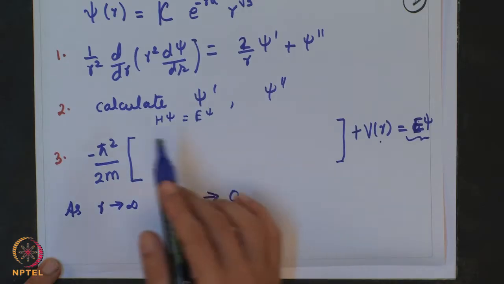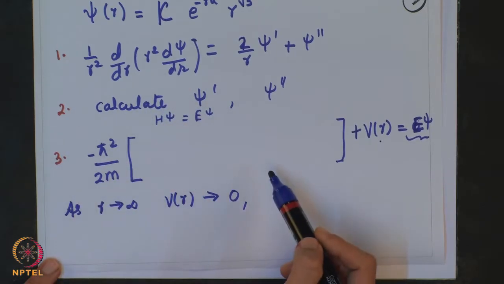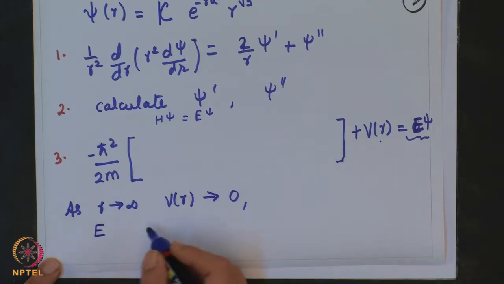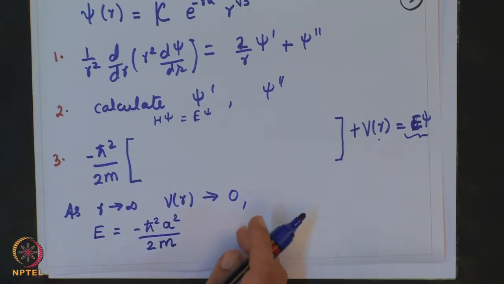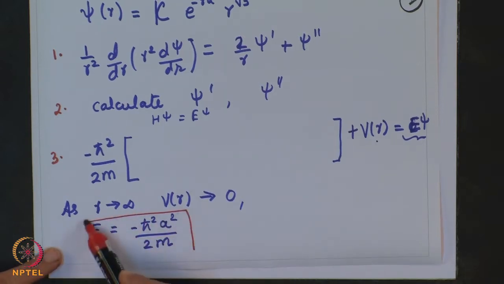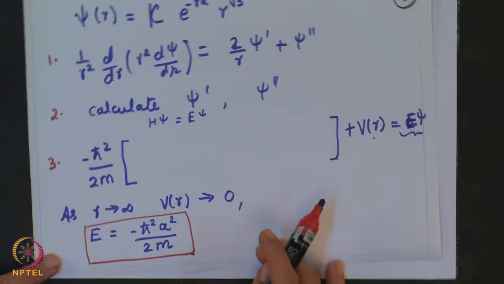So, after doing these substitutions 1, 2 and from 3 we infer that E comes out to be minus h cross square a square upon 2m. So, just verify this and check whether you get the same result.